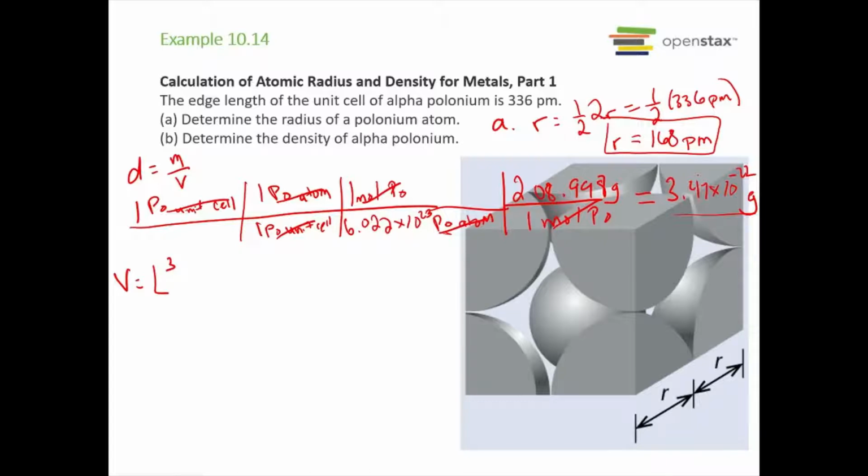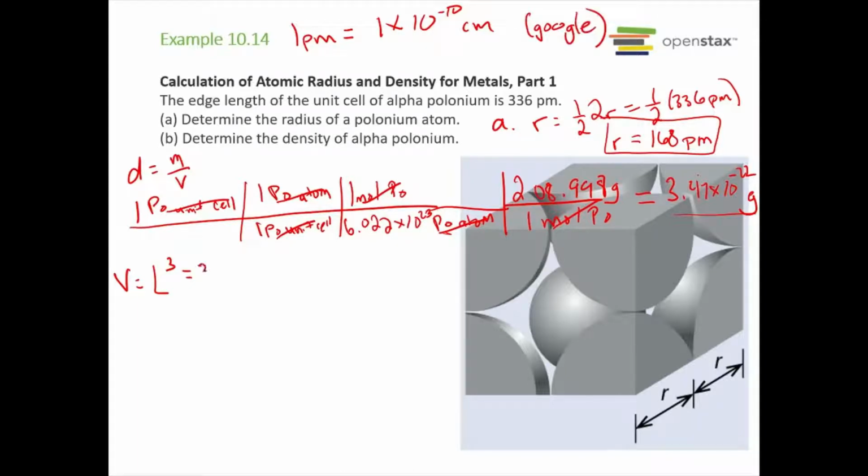So we have our length in picometers, and we want to put density generally in units that are easier to understand. So not grams per cubic picometer, we want grams per cubic centimeter. So we need to start by taking our picometers, and 1 picometer is equal to 1 times 10 to the negative 10th centimeters, thanks to my friend Google telling me this.